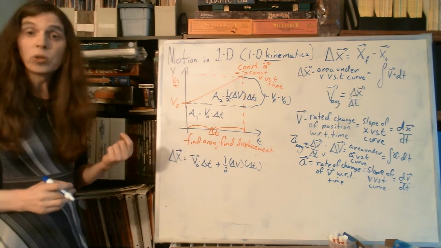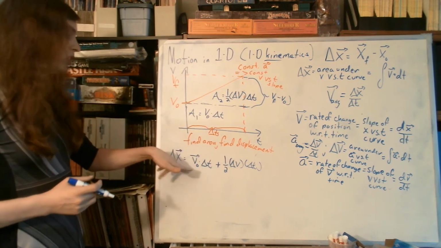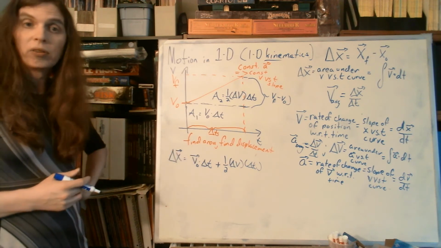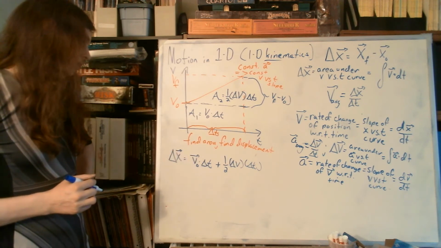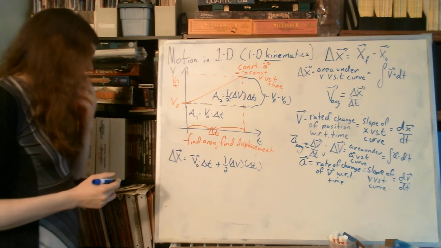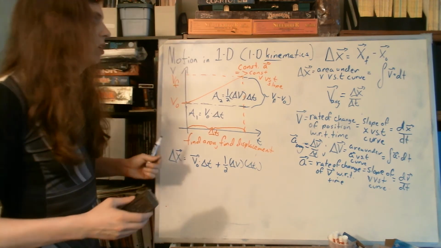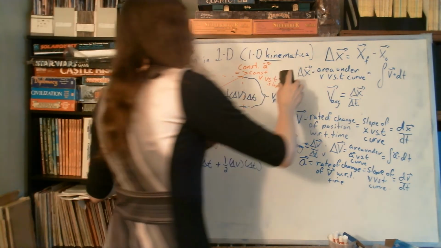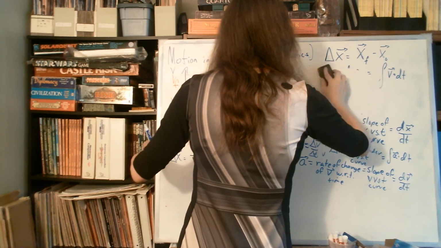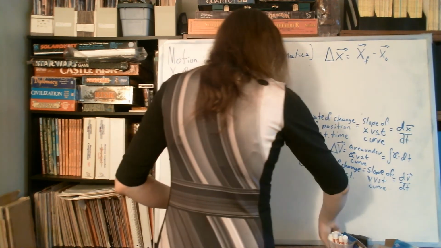So, if we knew the final velocity and the original velocity and the time, we could use all that to figure out the displacement. And we can do a little bit of algebra here with that. But before I do that, I'm going to stick this equation over here for later.